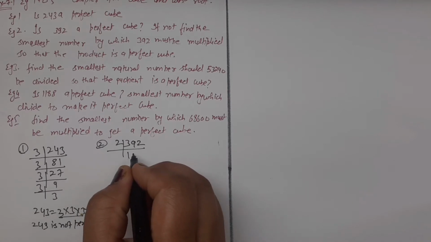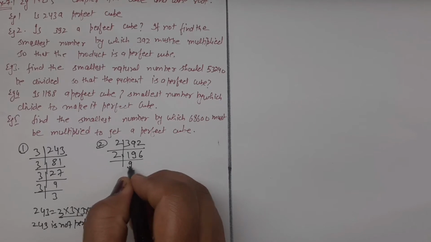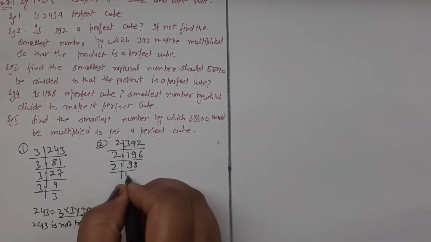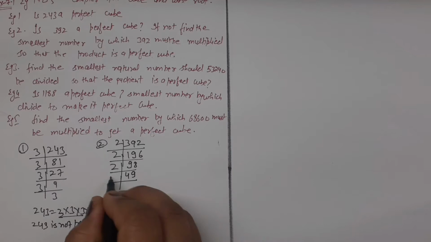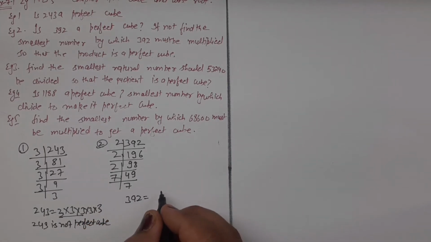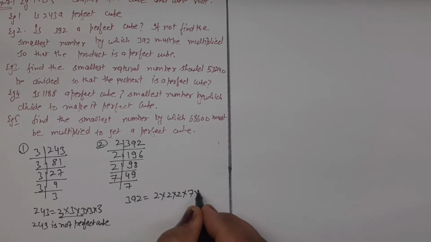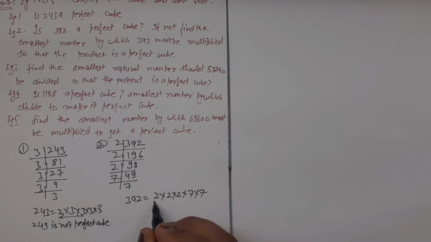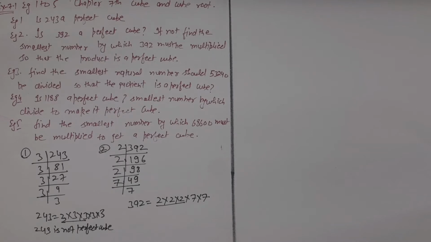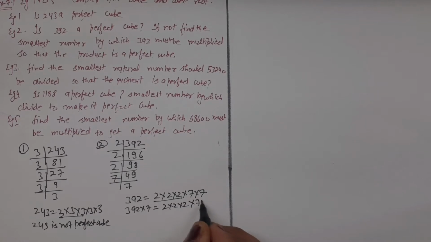Divide by 2, again by 2, which is equal to 2 three times, 7 two times. 7 is not in a triplet, that's why we multiply both sides by 7.